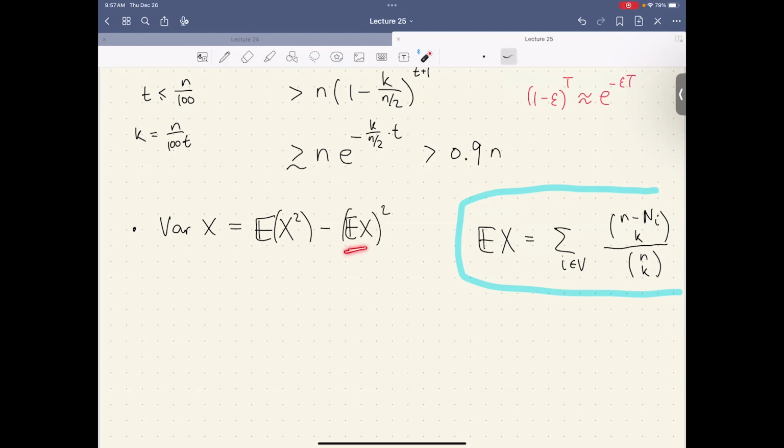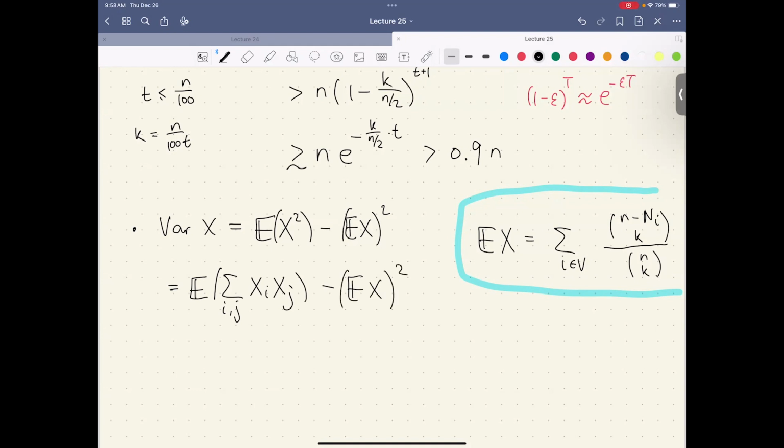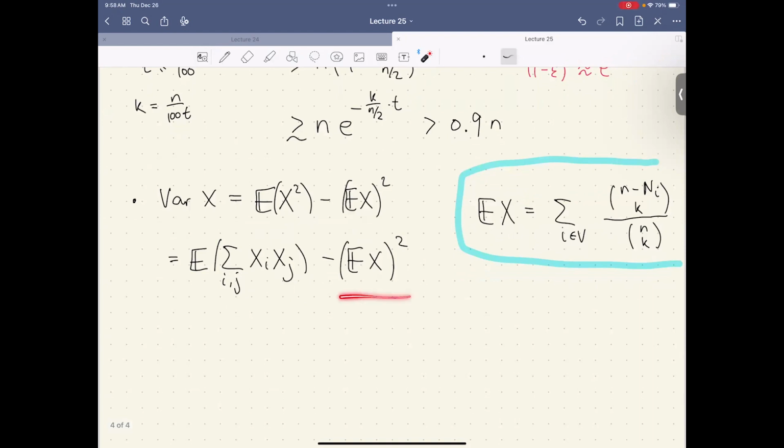We know what this guy is, just square it. What's the first one? Well, the first one is the expectation of the sum over all i, j of X_i X_j. So this guy we know. Let's look at what this guy is.